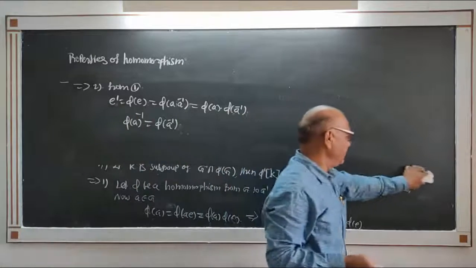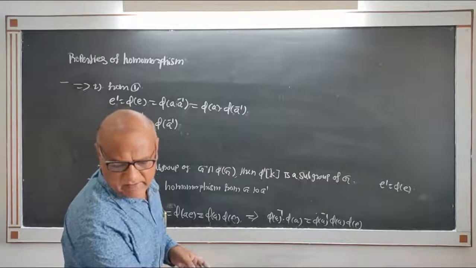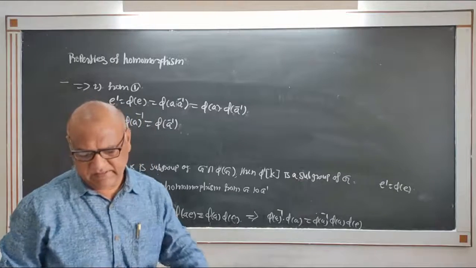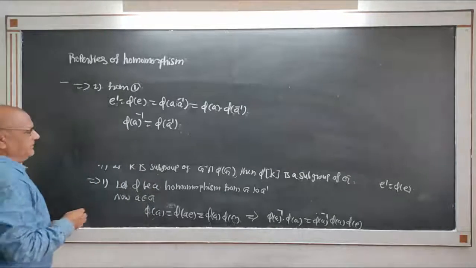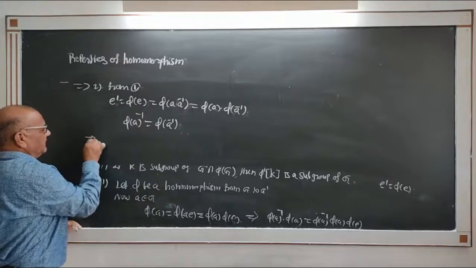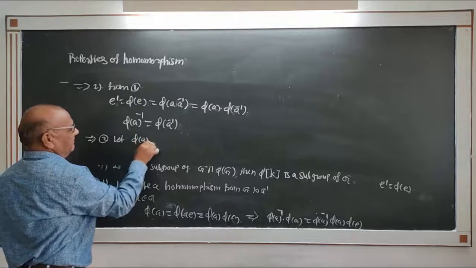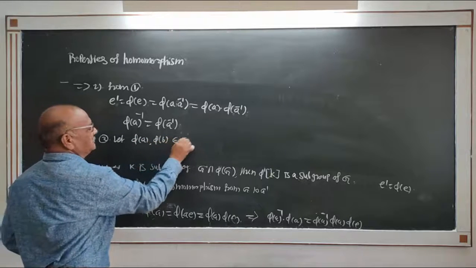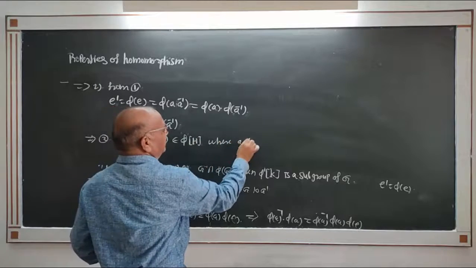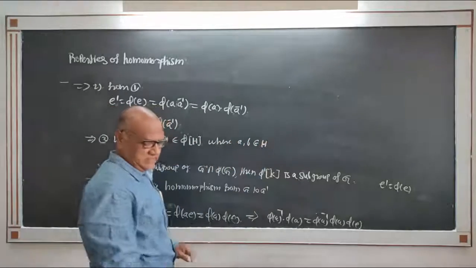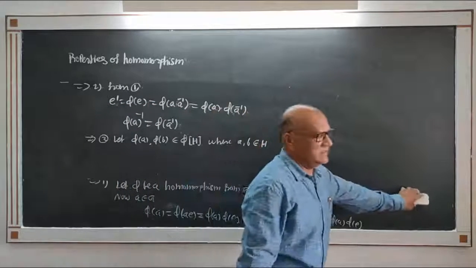Now, to show that if H is a subgroup of G, then phi of H is a subgroup of G dash. Take any two elements from phi of H. See here, third: let phi of a, phi of b belong to phi of H, where a, b belong to H. Now we want to show phi of H is a subgroup.